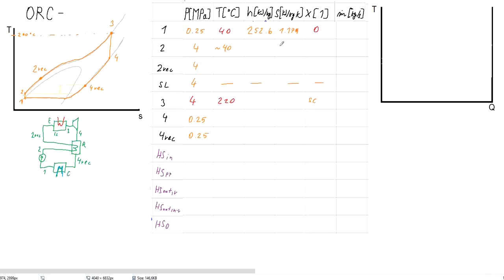Now the point 2 should have the same entropy, or if we get the work of the pump from some density where the density of the saturated liquid at the low pressure would be or is 1306.4 kilograms per cubic meter.